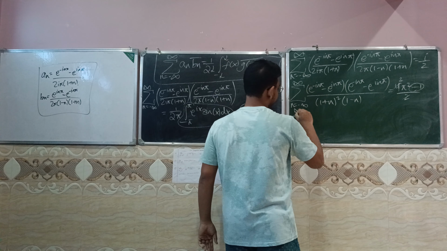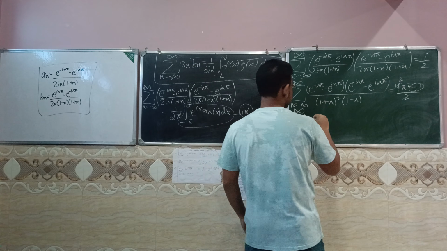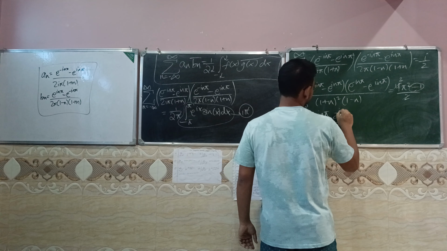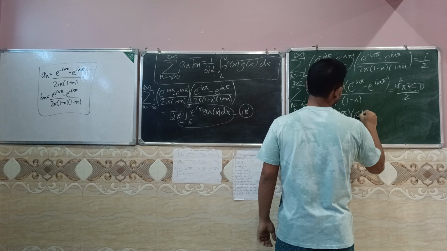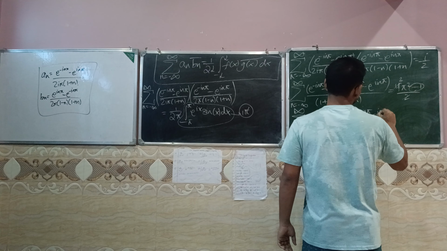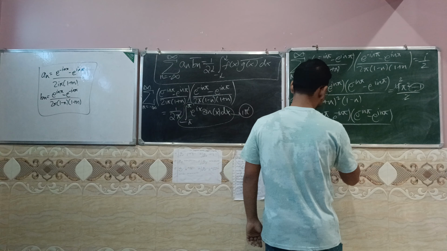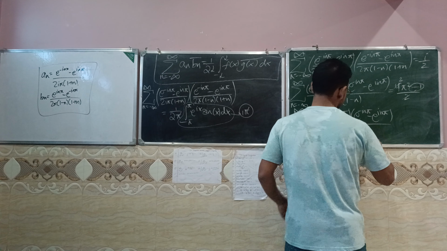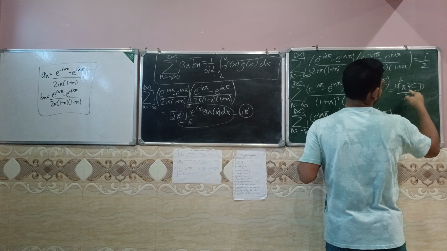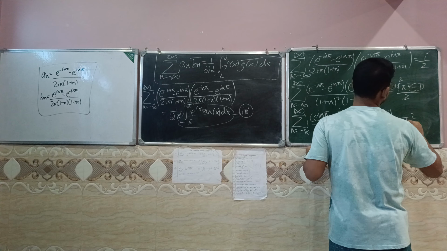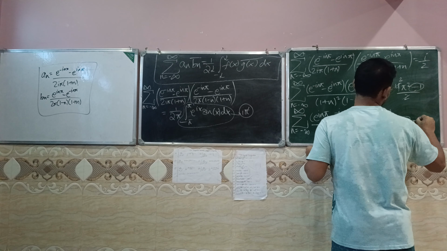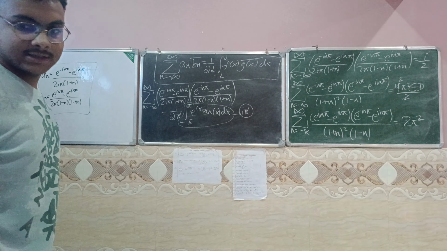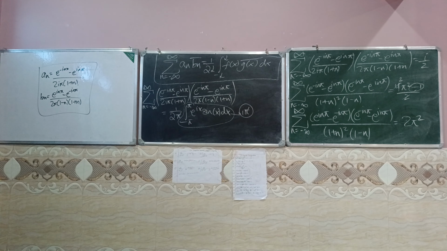So basically this sum is going to be e to the i n pi, switching the order, minus e to the minus i n pi, times e to the minus i n pi minus e to the i n pi, over 1 plus n whole squared, times 1 minus n, equals, it's coming out to be pi squared, and actually 2 pi squared, right? Yeah. Okay, so let's solve this a little bit, and let me check everything is going perfectly.